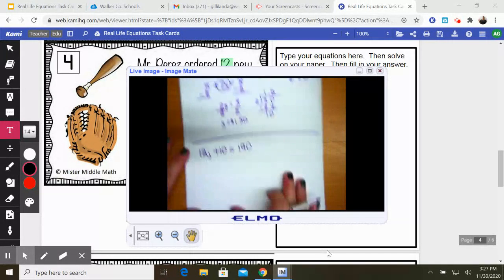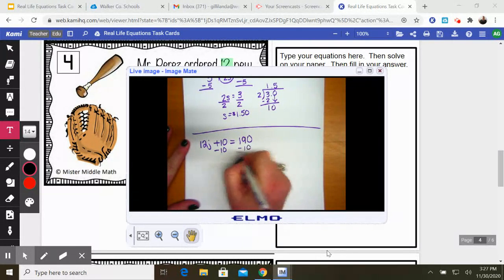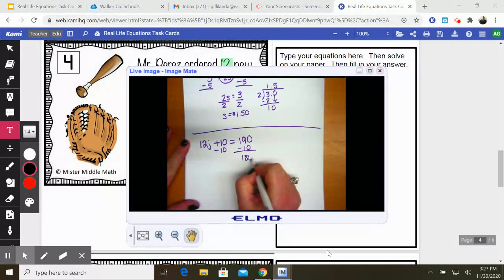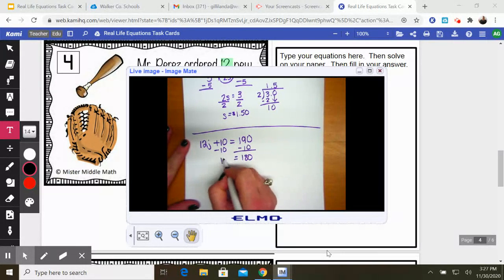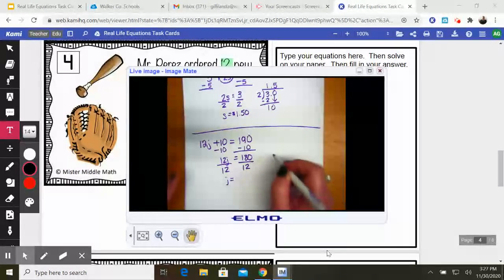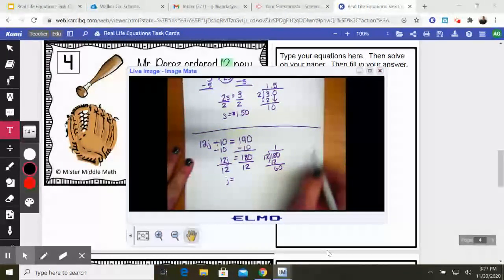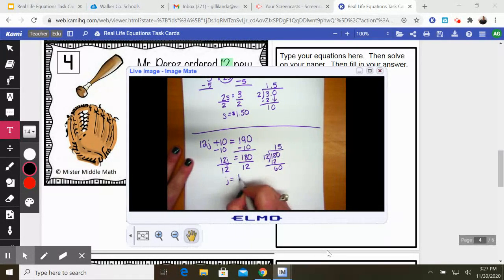So 12J plus 10 equals 190, so we're going to subtract 10 from both sides. That would leave us with 180. Now we divide both sides by 12, and J is equal to 180 divided by 12, which is 15.